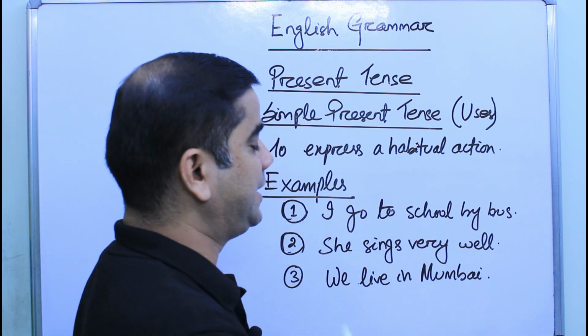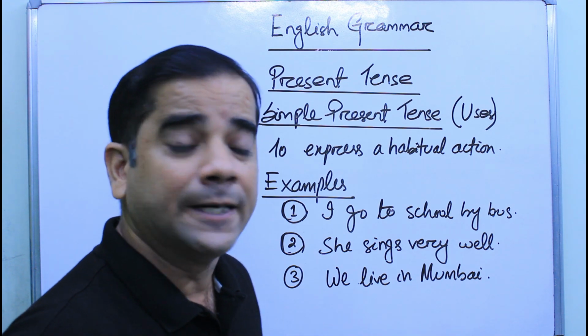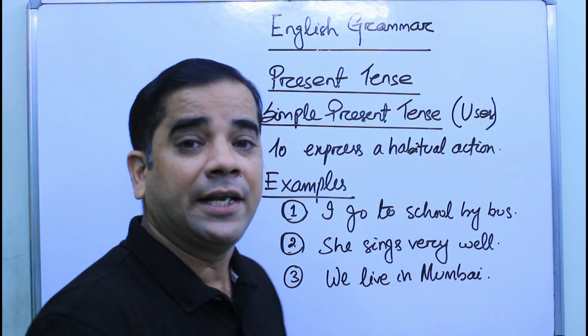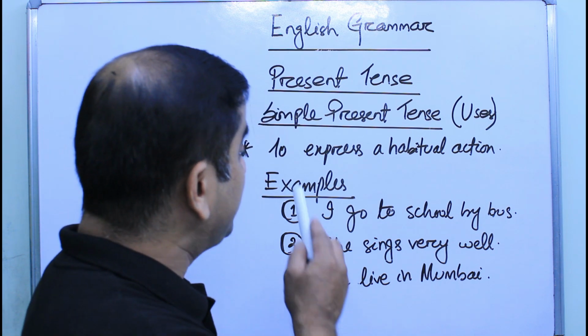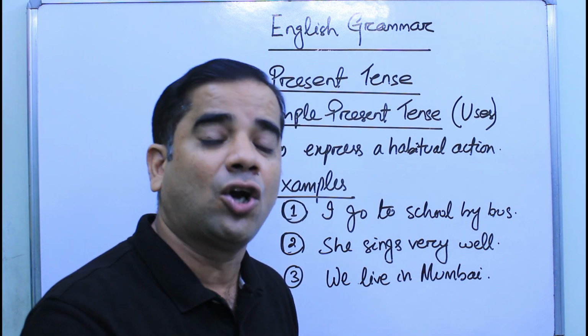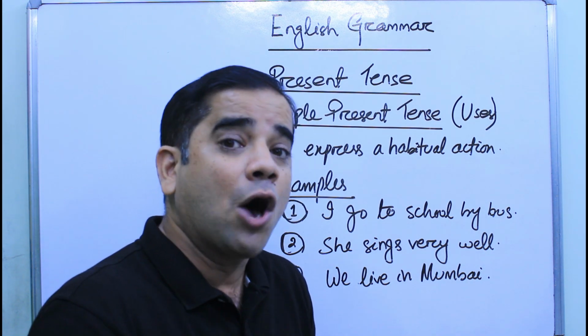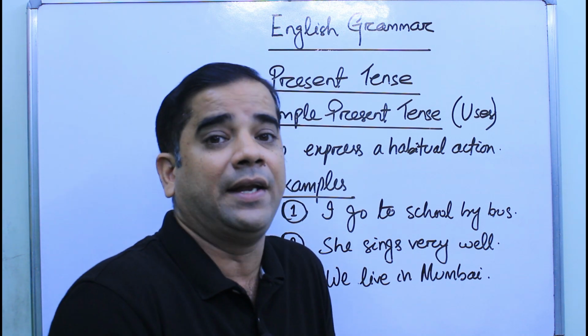Live is the verb over here. Sings is the verb over here. Go is the verb over here. So these verbs are used to represent either a habit or a routine, so these are in simple present tense. Later on we are going to discuss how to recognize the simple present tense because the verb can be in any form.